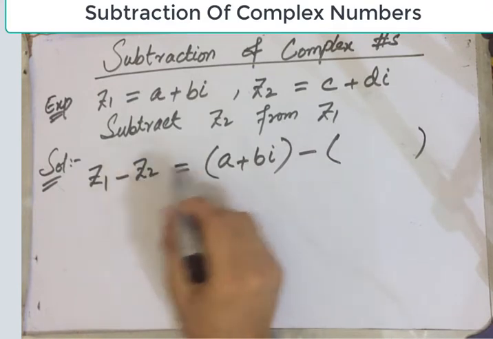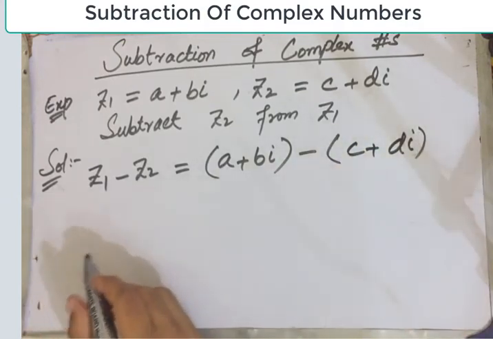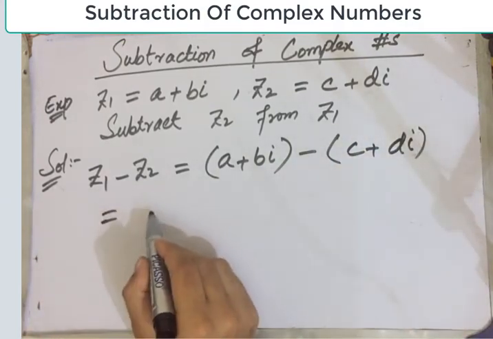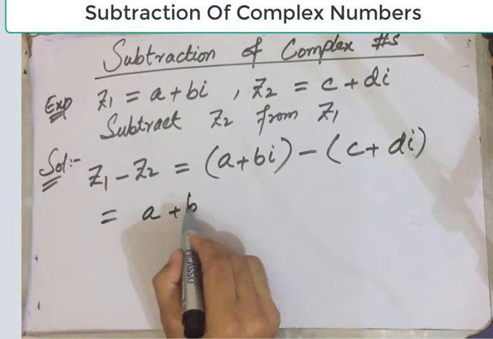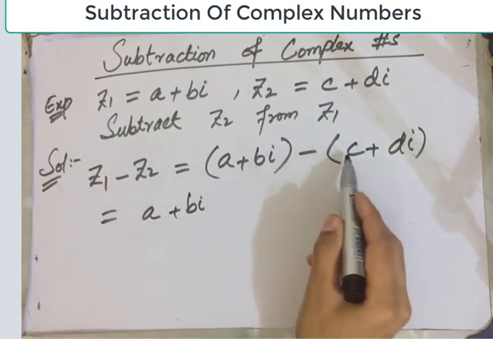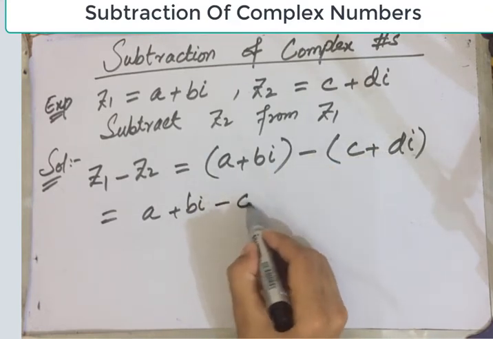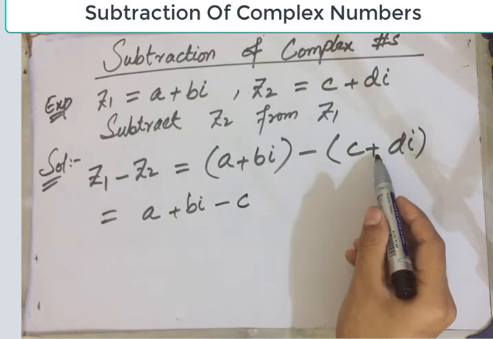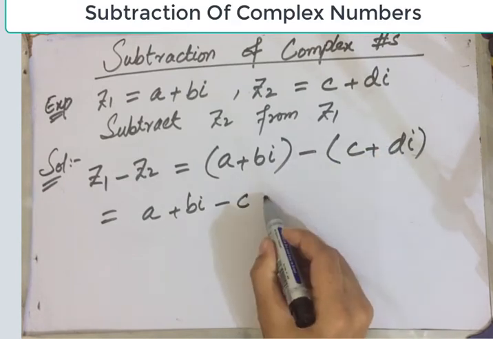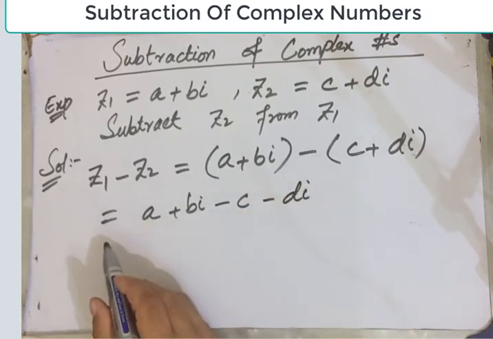Write the value of Z2, which is C plus D iota. A plus B iota, minus will be multiplied inside the bracket, which is minus C, and this minus is also multiplied with the plus D iota, which will be minus D iota.